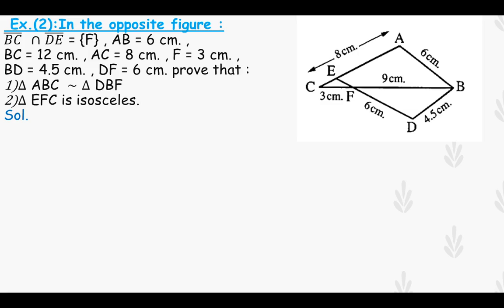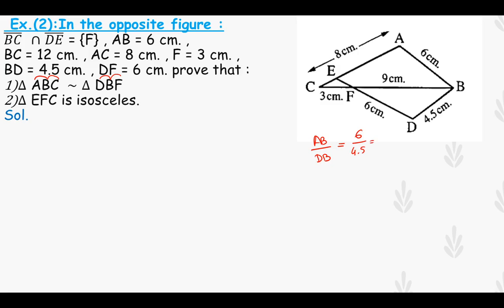So by using similarity, we are going to find AB over DB, BC over BF, and the last one will be AC over DF. Okay, let's solve it together. Here AB over DB: AB equals 6 centimeters over DB equals 4.5.